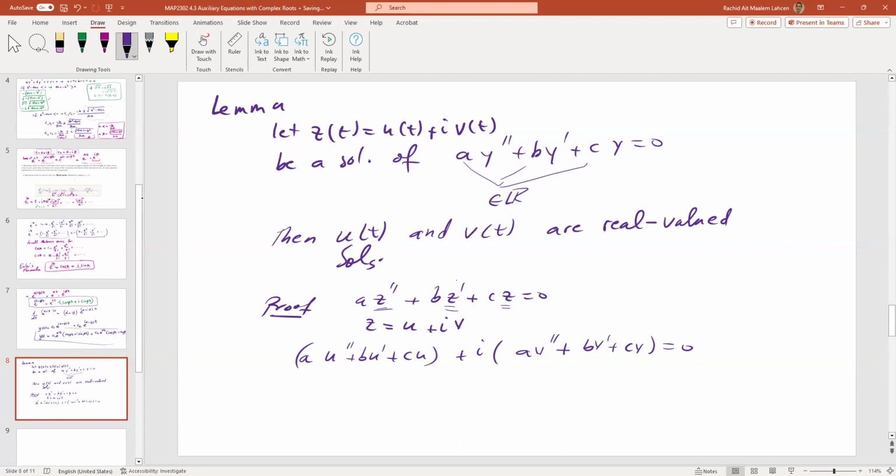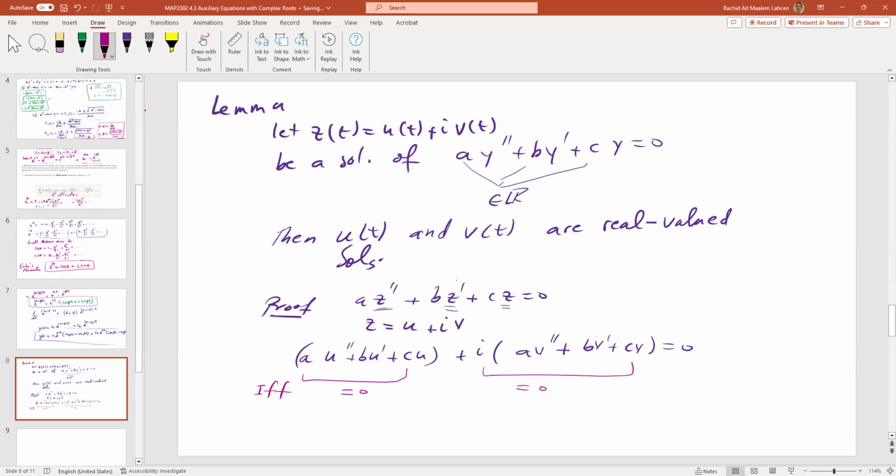But a complex number is zero, right? So this will run into a complex number being zero if and only if both parts are zero.